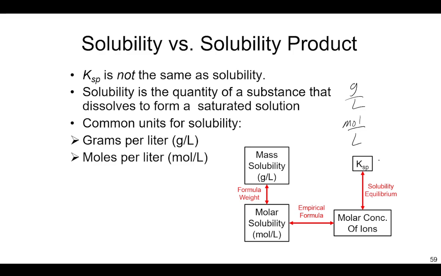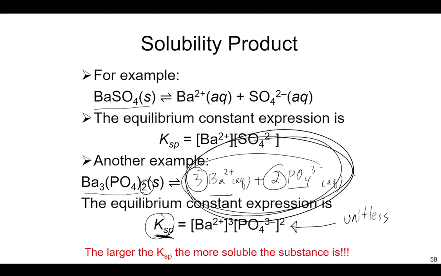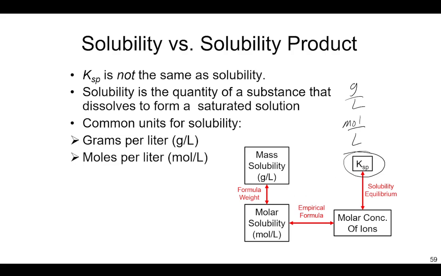How we will go about that is we can move from KSP to the actual concentration of ions, right? Using the formula for a KSP. This is equating some value of the solubility product constant to the concentration of ions. So we move back and forth between KSP and the molar concentration of ions, thinking about it as an equilibrium reaction and doing an ICE chart. Hooray. Now, we can then use the equilibrium concentration of ions to figure out molar solubility based on the stoichiometric ratio of ions to the parent solid.